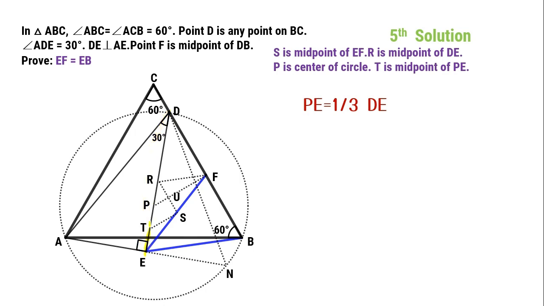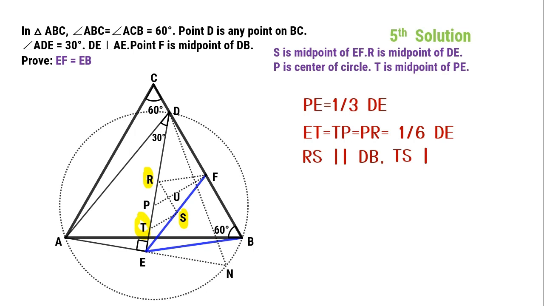We can calculate segment ET equals TP equals PR, which is 1/6 times DE. Because point R and point S are the midpoints of DE and EF, RS is parallel to DB. And point T is the midpoint of PE, so TS is parallel to PF.